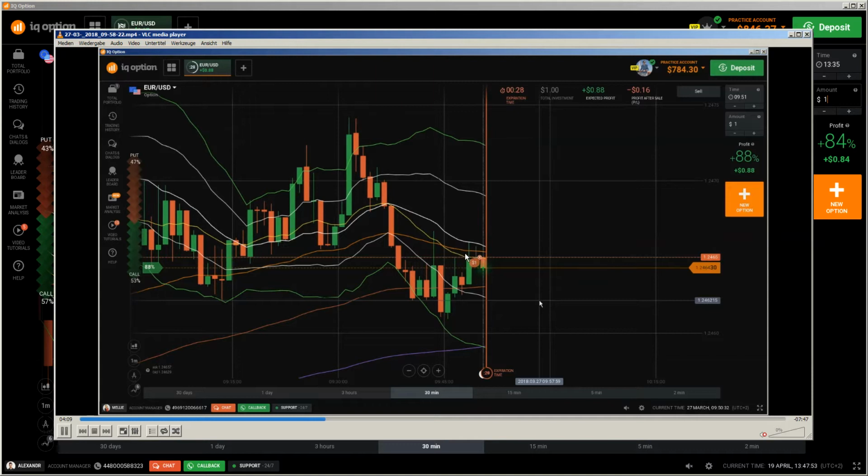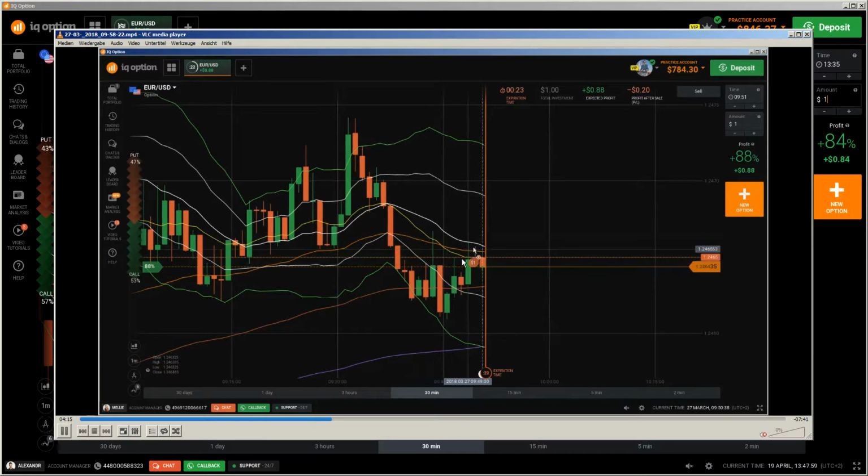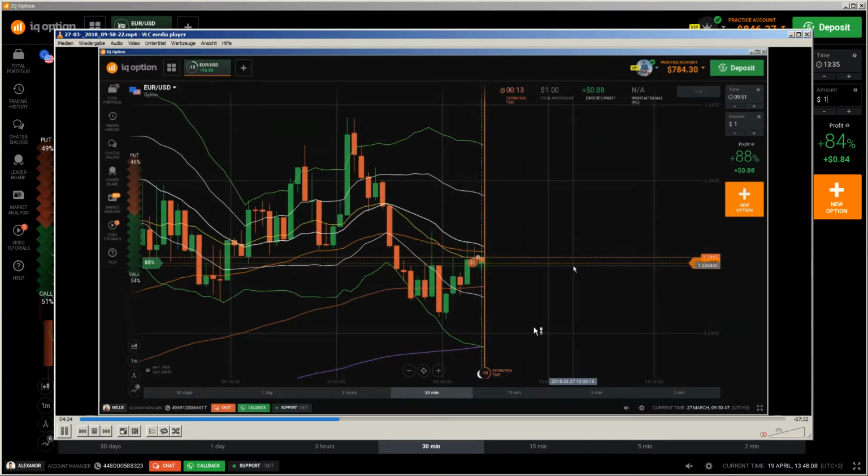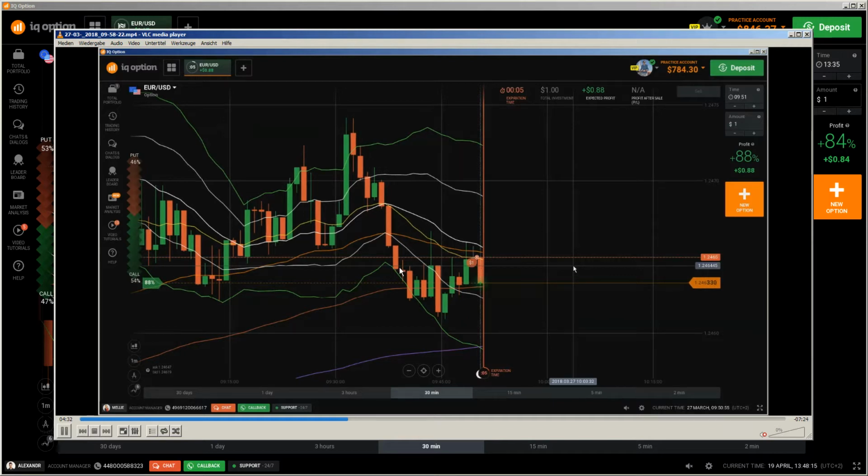So this kind of area will act as resistance because the previous two candles have shown that this resistance will work. And if it would not be the 20 EMA, it would be the 50 EMA which would protect this bet. And then obviously the market starts to consolidate in between the 100 and the 50 EMA, like it has done already here. That is what you have to be careful about.